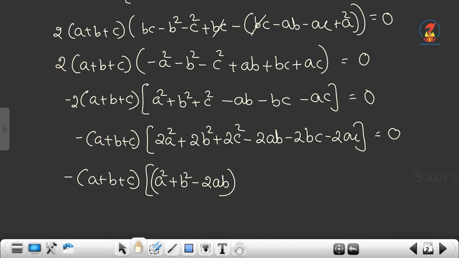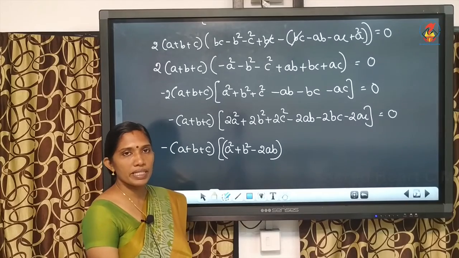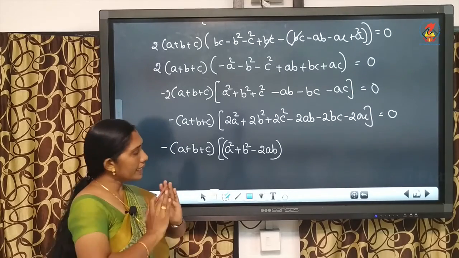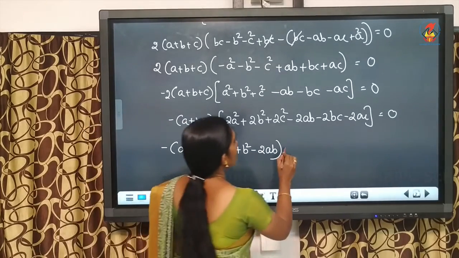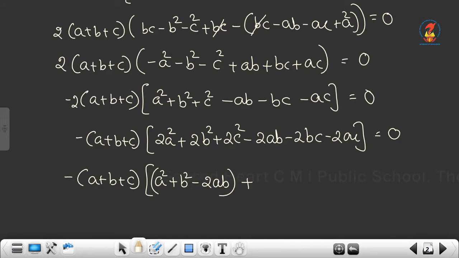Is this a perfect square? A square plus B square minus 2AB is (A minus B) whole square. In that way you have to arrange. So 1 B square balance here, 1 A square also. Then this B square and C square, 1 C square I can take, then minus 2BC. Again this is a perfect square. Then 1 A square here and 1 C square.